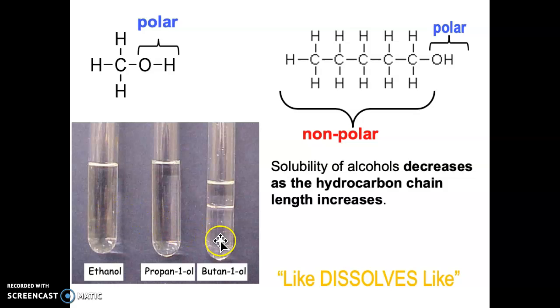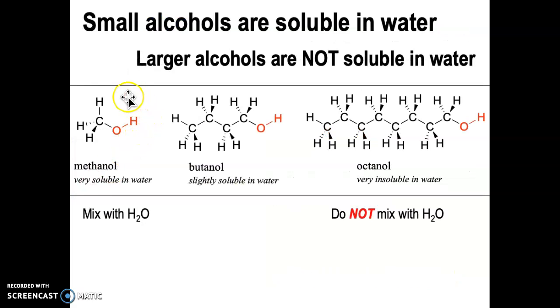Now when you get to 4 carbons, you'll get the 2 layers forming, and that is because butanol has got the 4 carbons in the long chain, and that's non-polar, and that starts then to decrease the solubility. So small alcohols are able to mix with water, so soluble or miscible. They become less soluble when they have these 4 carbons in length, but when you get more than 4, then they really don't mix whatsoever. Okay, they do not mix, so immiscible.